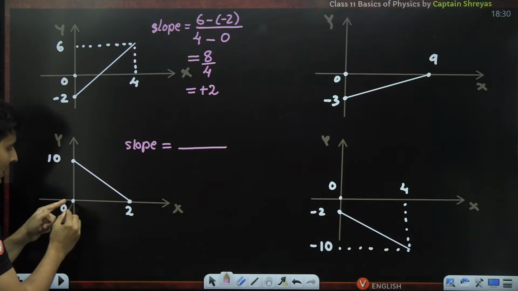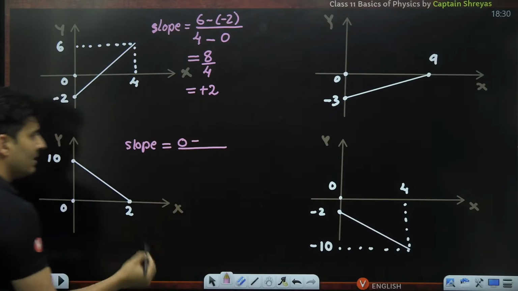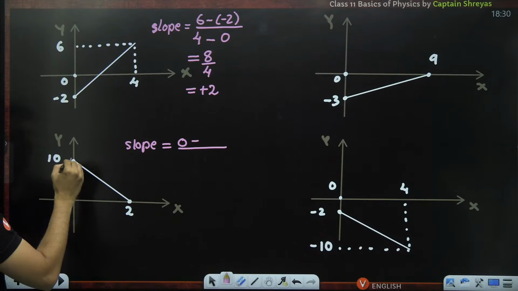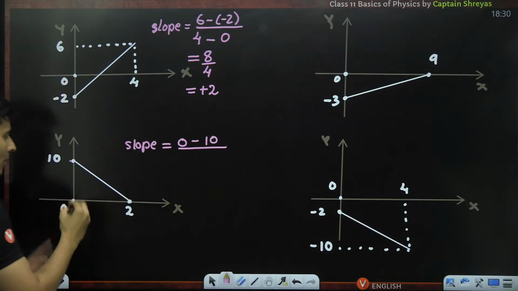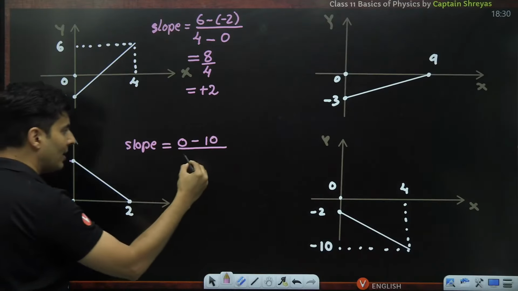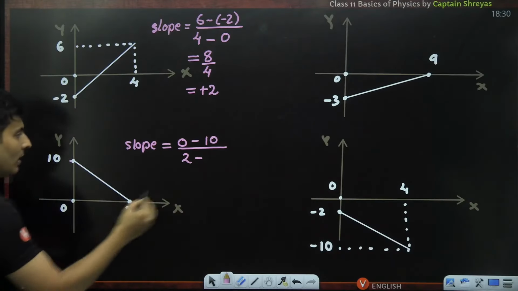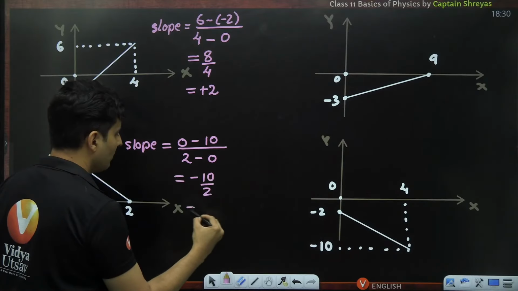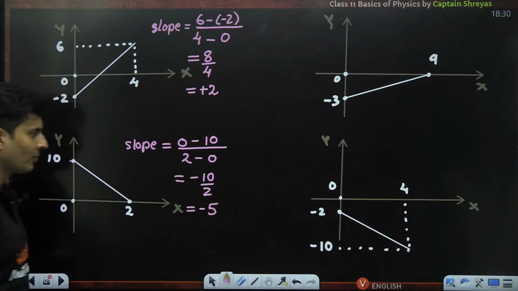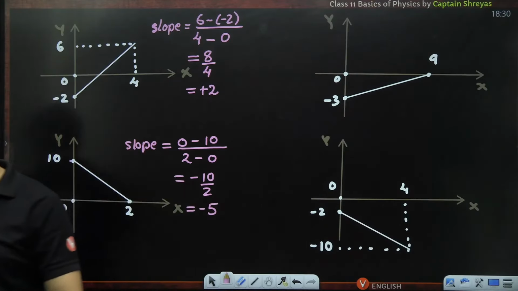So this is the newer value, which is 0, minus the older value. The older value was basically 10, upon change in x. This is the new value in x. This is the old value of x, which is 0. So it will be -10 by 2, which is basically -5. Everybody clear till this point how to find the slope?